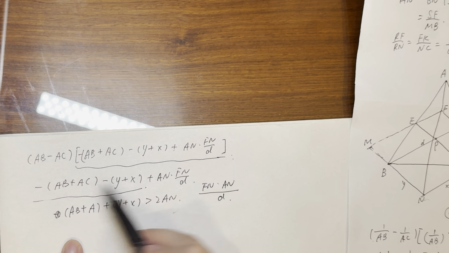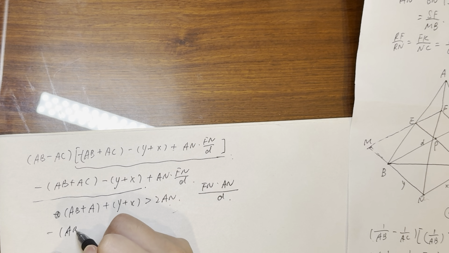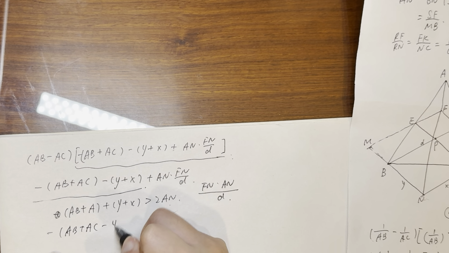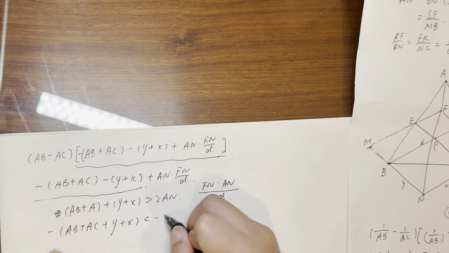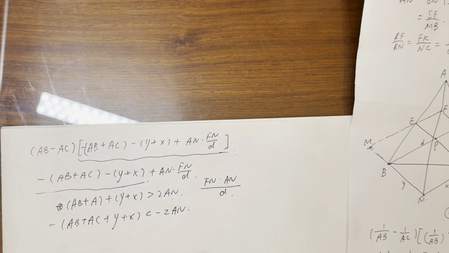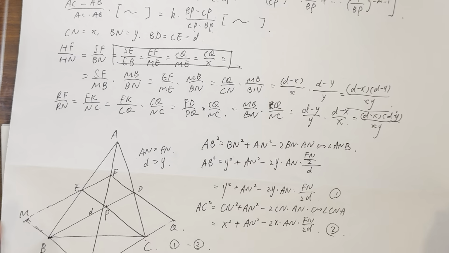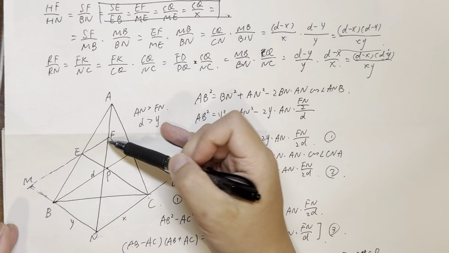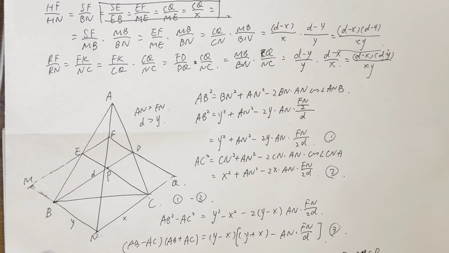So this one is larger than 2an, which means negative AB plus AC minus y plus x is less than minus 2an, right? And fn times an divided by d. Let's think about that. Fn times an divided by d.